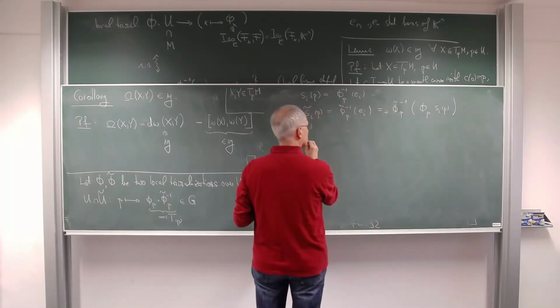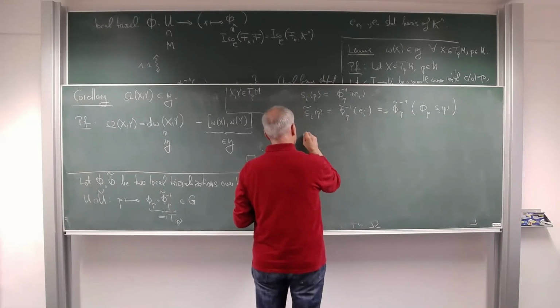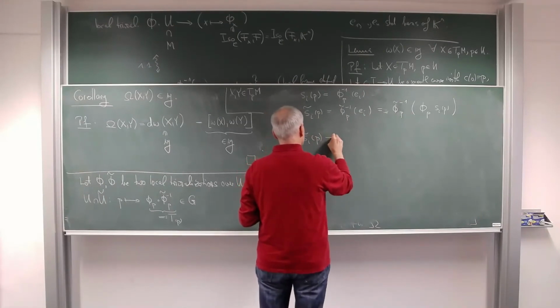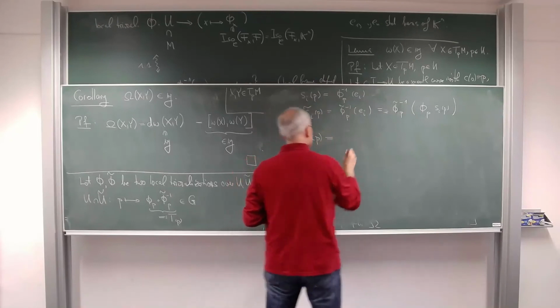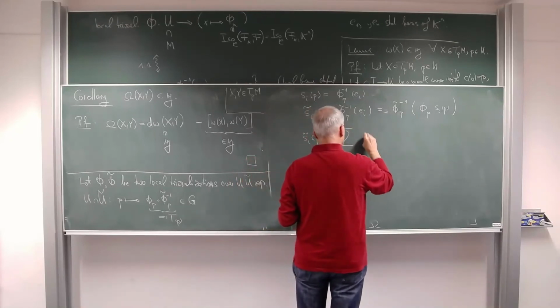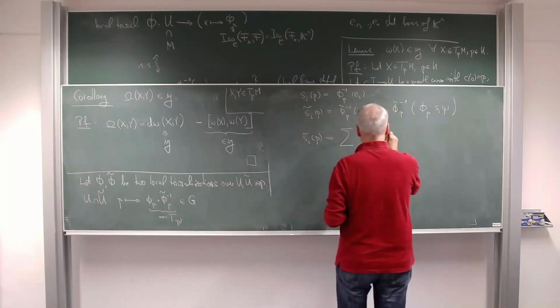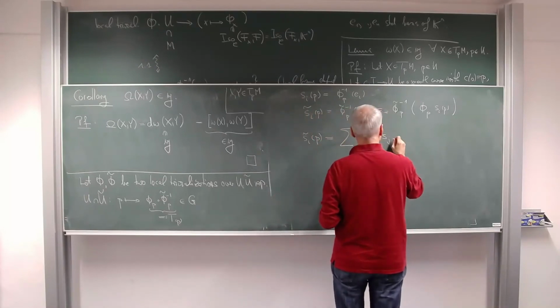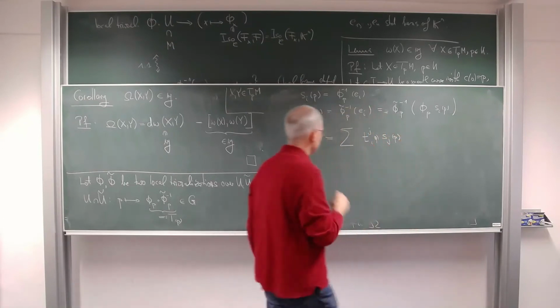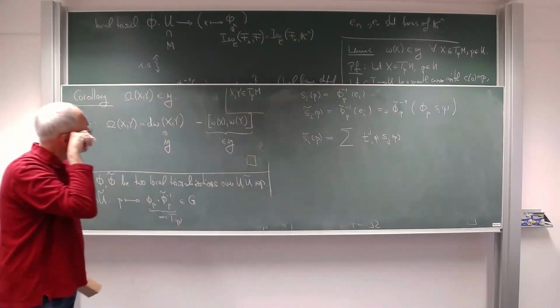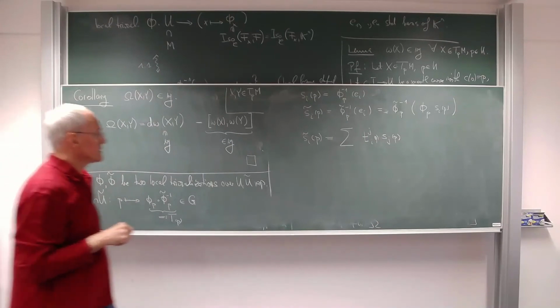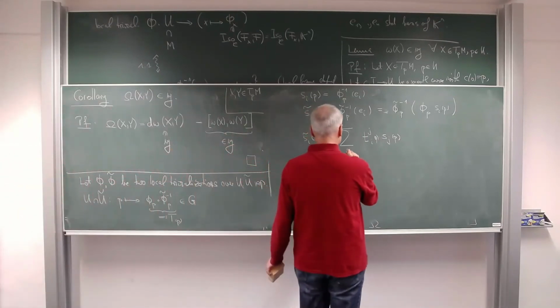Anyway, let me start like this. I express the tilted one as a linear combination of the untilted ones. I can do that, and let me just call these coefficients t_ij for the moment, at P, and we'll relate it to this in a minute.